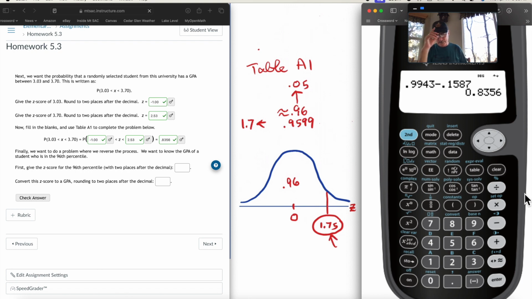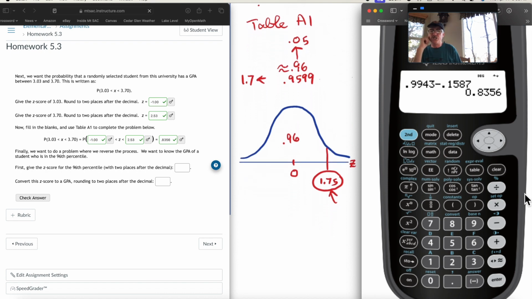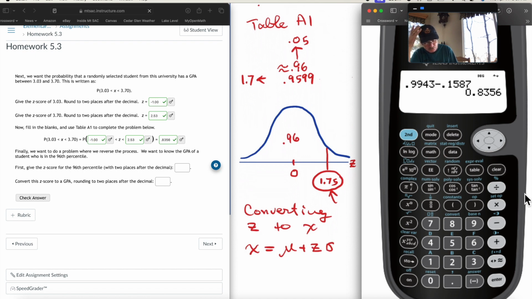Then what we need to do is convert that to a GPA. So just remember, converting z to x, we have a formula for that. The formula is x is mu plus z sigma. So you're just taking the mean and adding z standard deviations, which is what a z-score tells you information about.